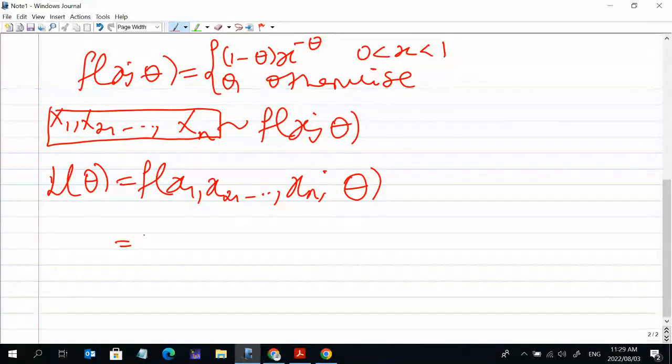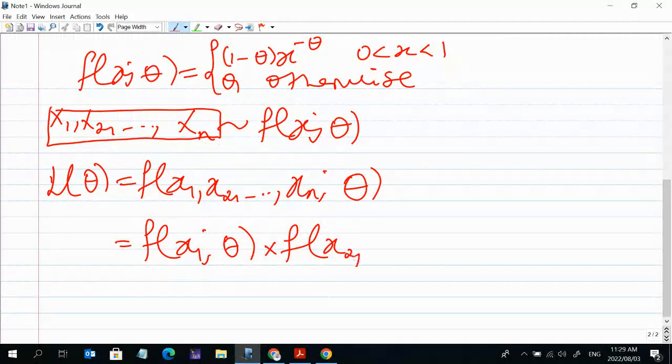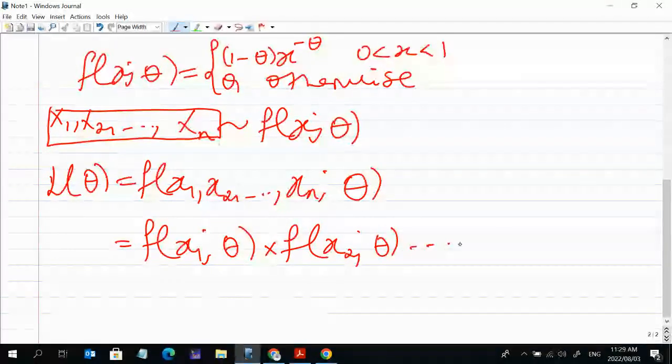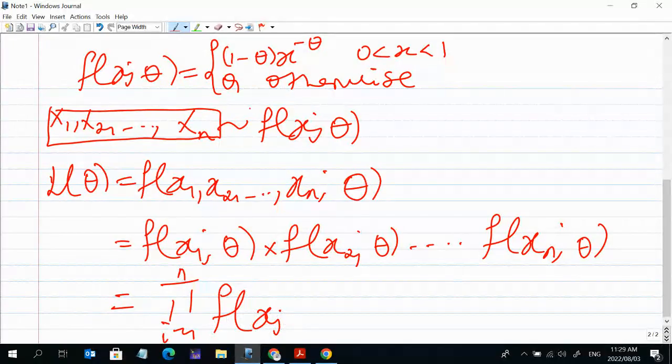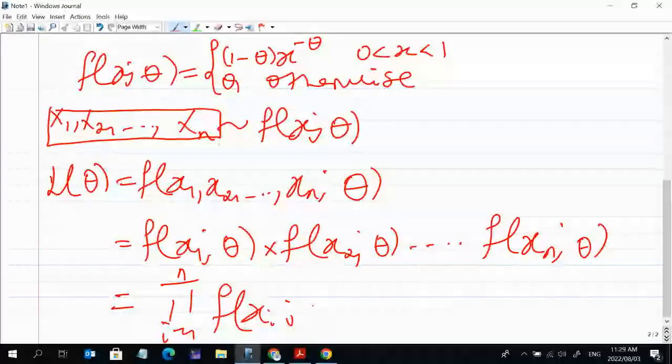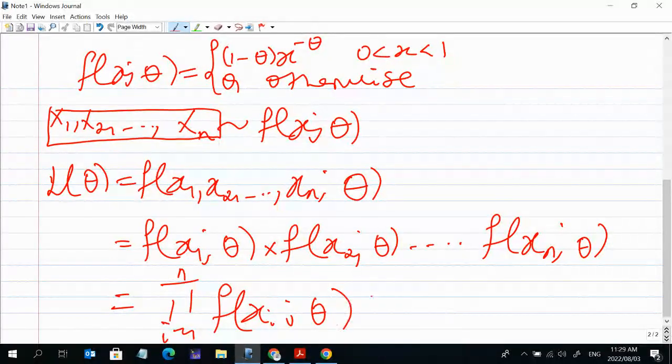This joint function is nothing but the product of f of x1, theta, f of x2, theta, up to f of xn, theta. Sorry, let me correct this: it's not j, but i. So this is the product of f of xi with the parameter theta.